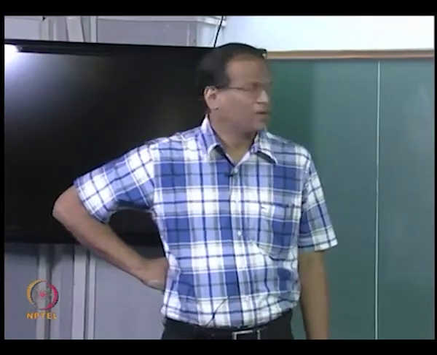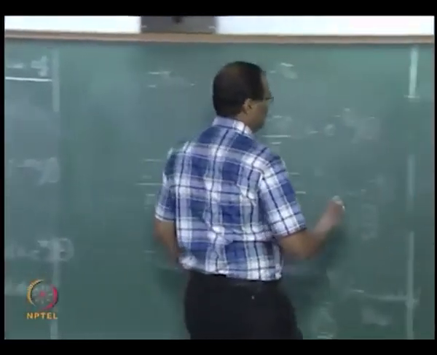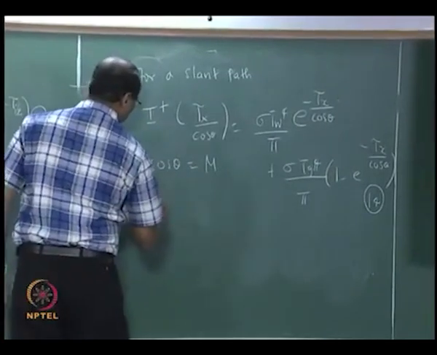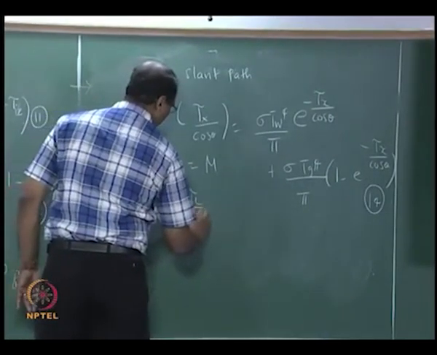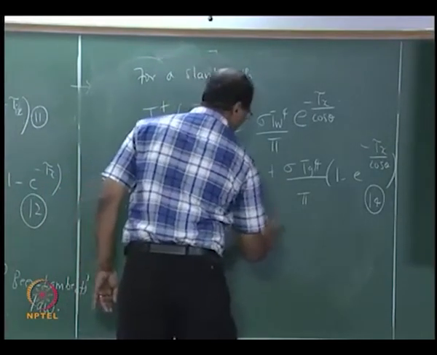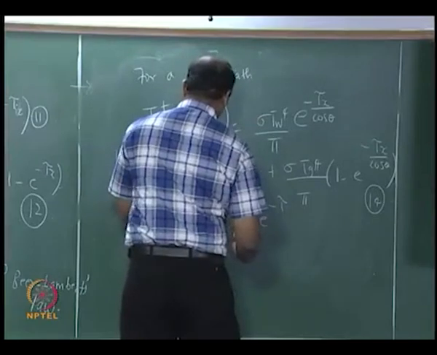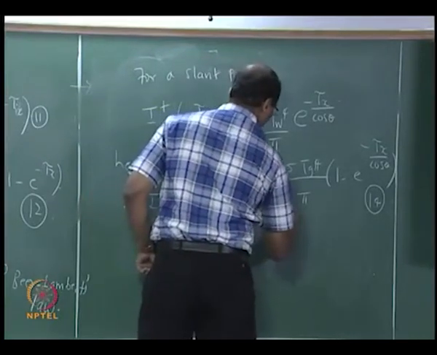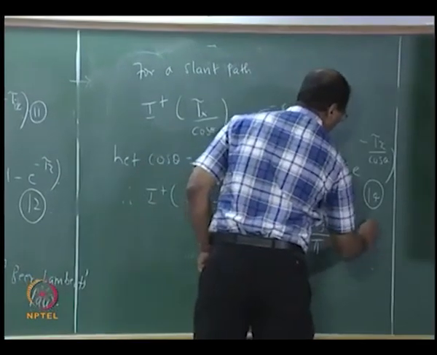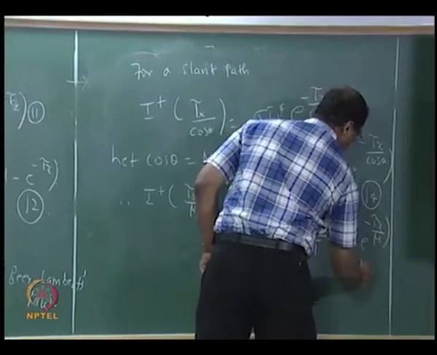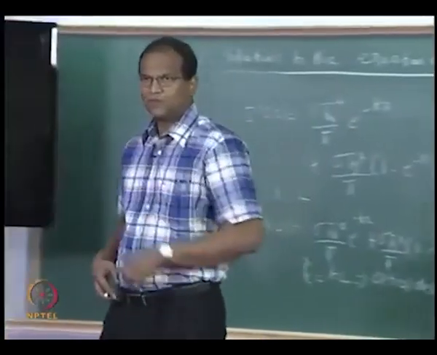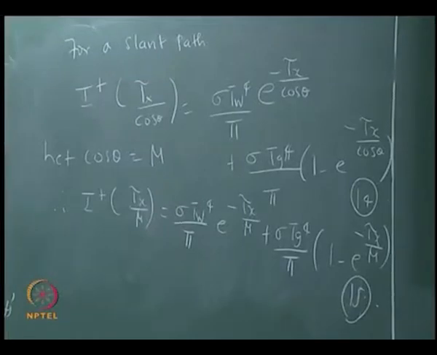Now, mu equal to 1 represents the straight path.